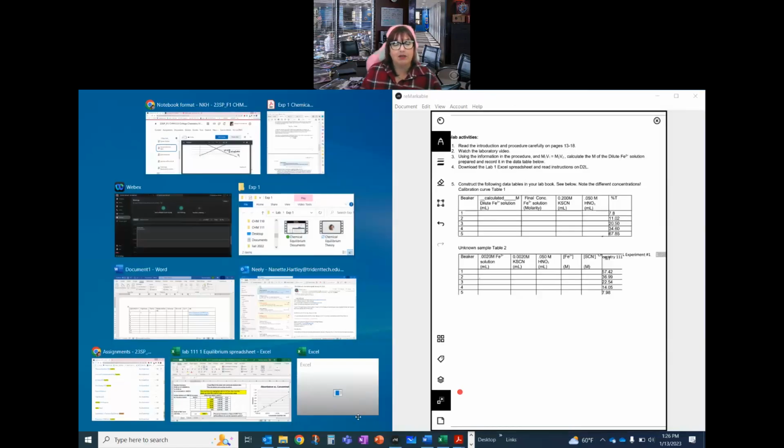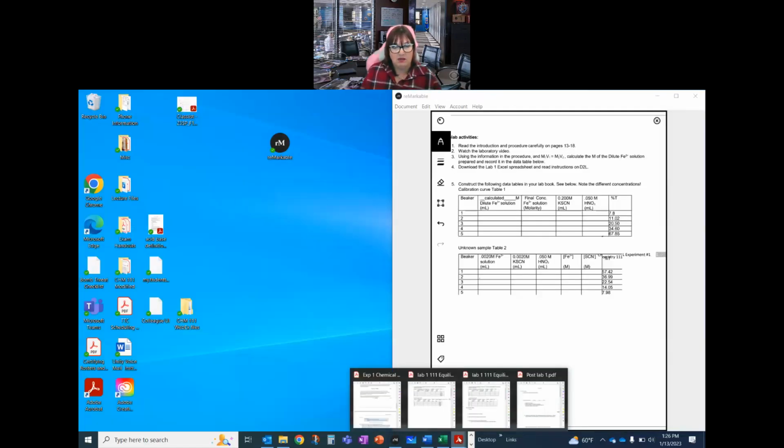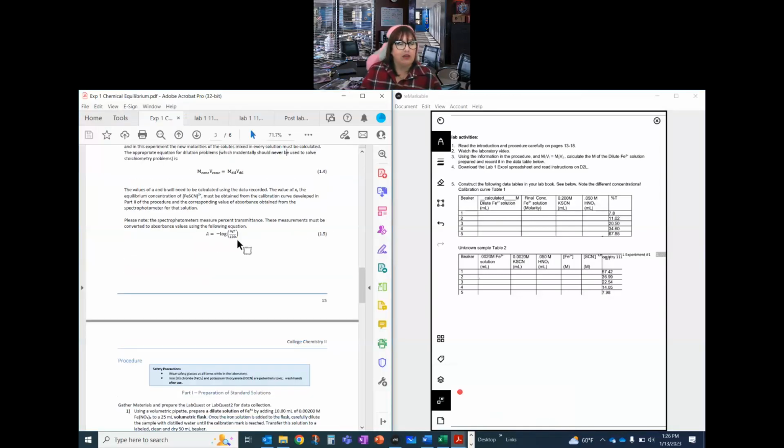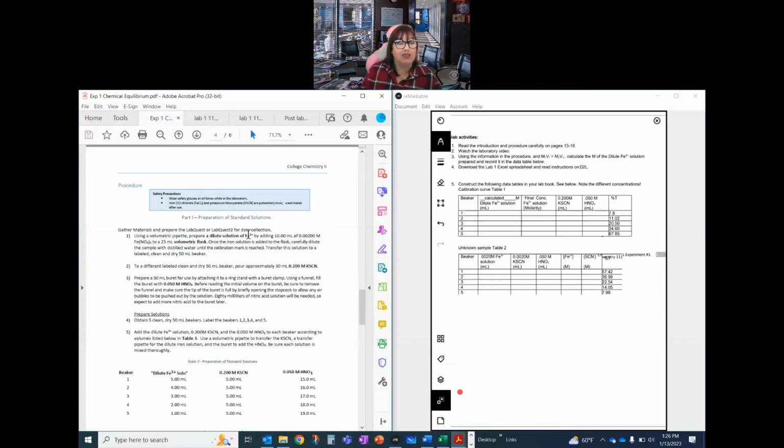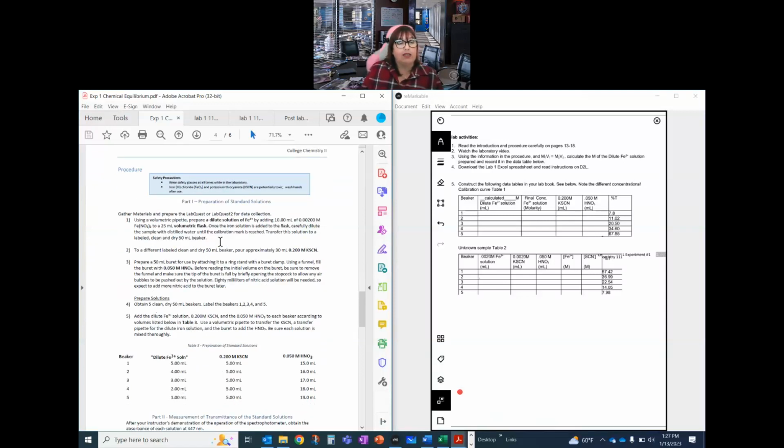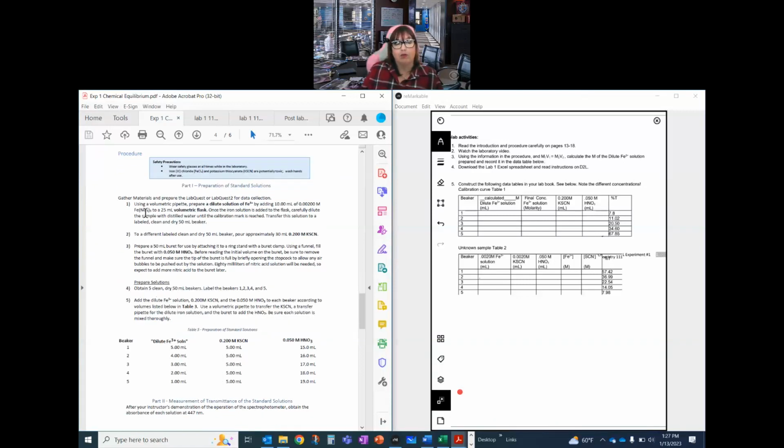Okay, right. So let me find my other documents. And this is my lab notebook. And if I scroll down to where we start talking about the procedure itself, the first thing it says is using a volumetric pipette, prepare a dilute solution of Fe3+ by adding 10 milliliters of 0.00200 molar Fe(NO3)3 to a 25 milliliter volumetric flask.